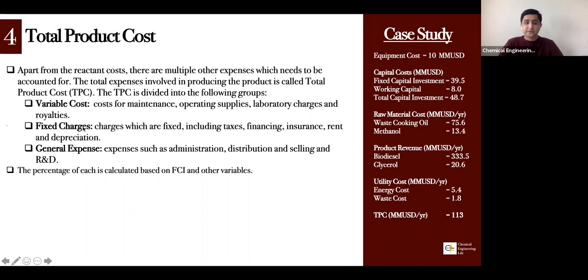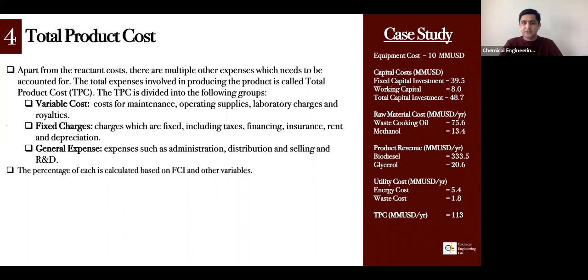The variable cost, fixed charges, and general expenses are calculated as a factor of our capital investment. And again, all these charges, all these factors, are to be taken from literature. I would highly suggest that if you are designing the process, then you use this book called Plant Design and Economics for Chemical Engineers.